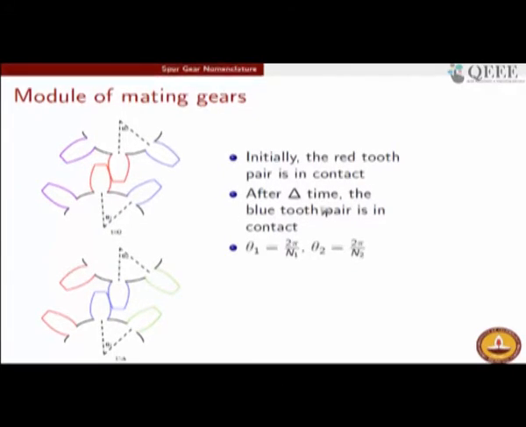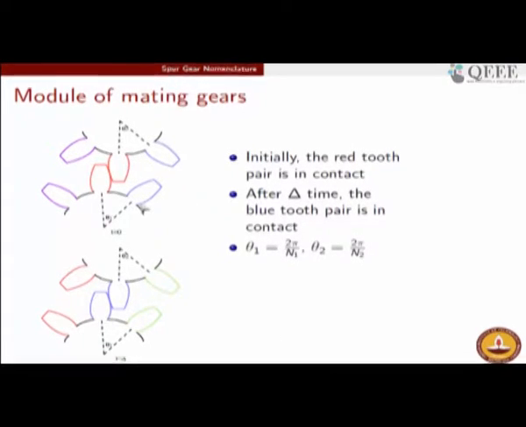In other words, what that means is the following: the time taken by this blue tooth to occupy the position of this red tooth must be exactly the same as the time taken by this blue tooth to occupy the position of this red tooth. So, this is what we will try to find: the time taken for each of these teeth to occupy the position of the tooth which is lying ahead of it.